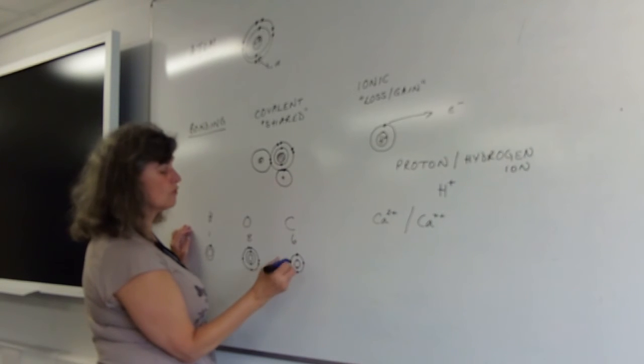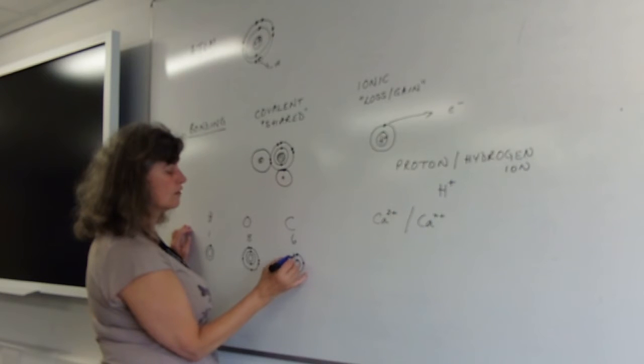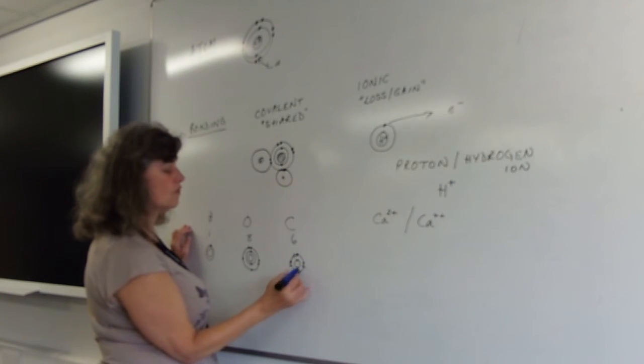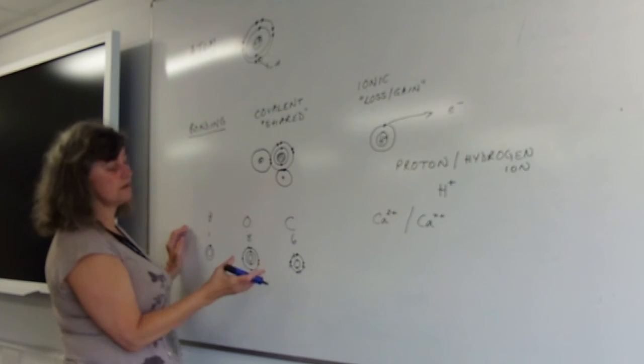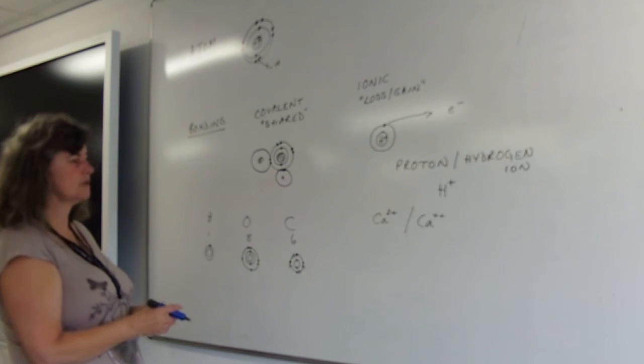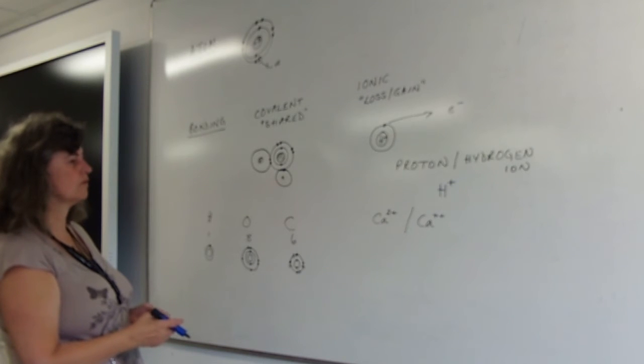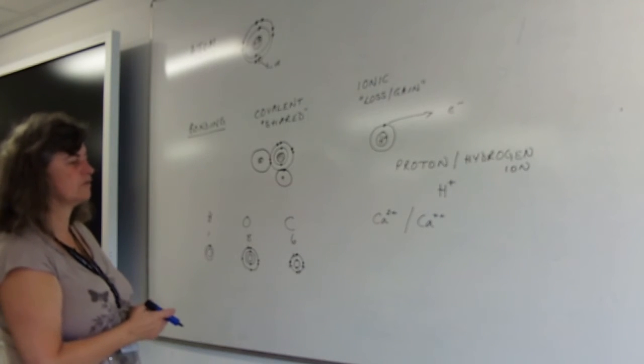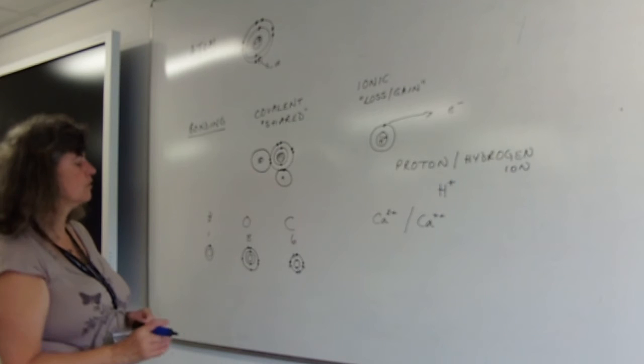But it needs to form 4 bonds to make that perfect outer shell. So when we're dealing with carbon, we say that it can form 4 bonds, and it's quite a good way of checking your answers if you're drawing out molecules.